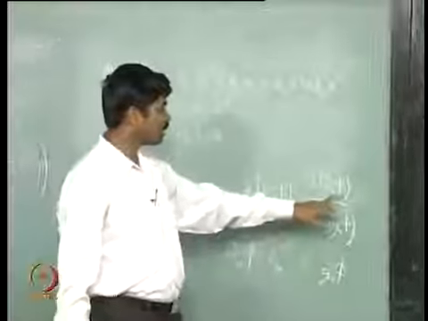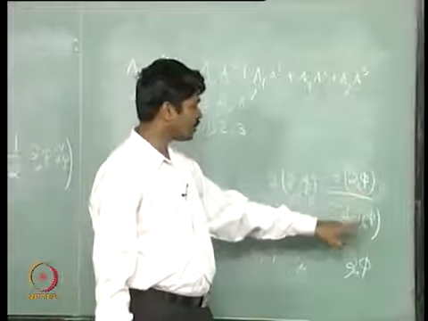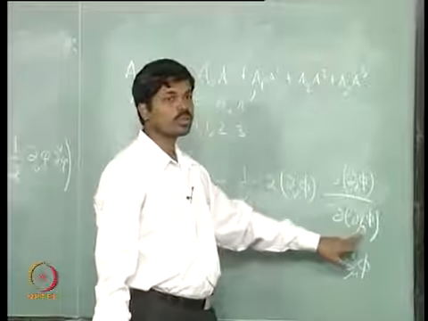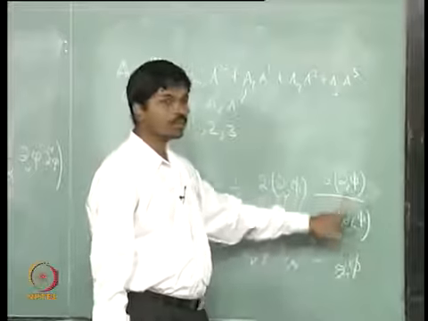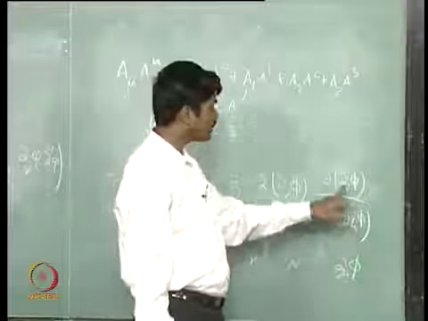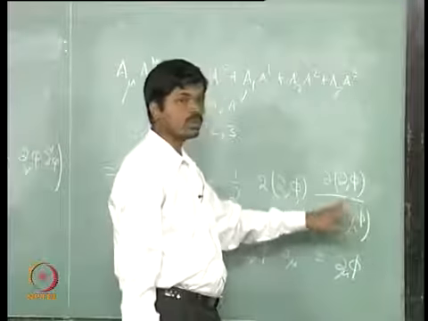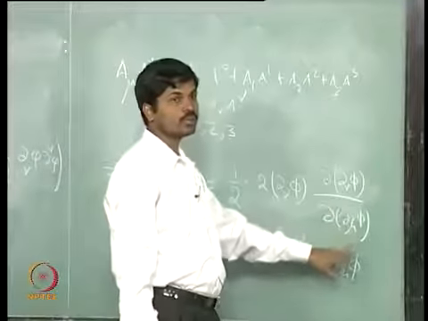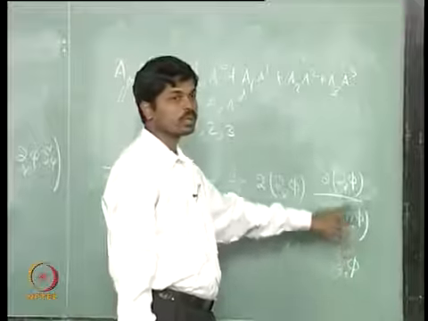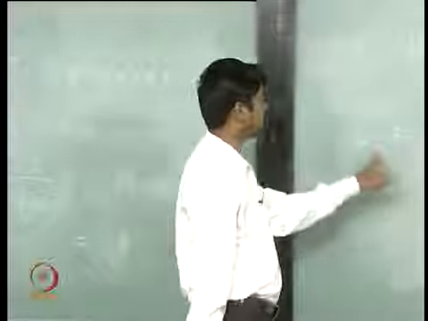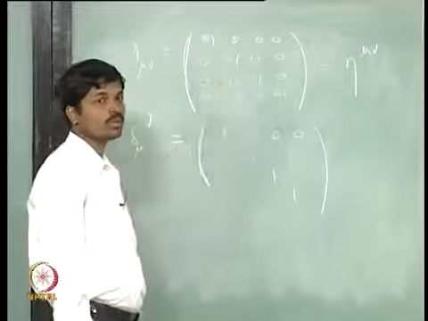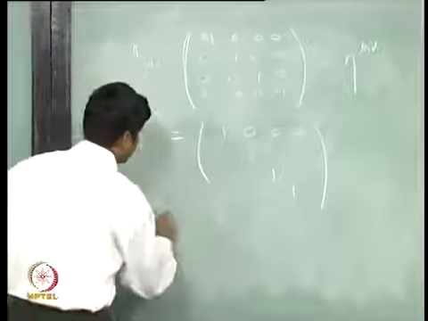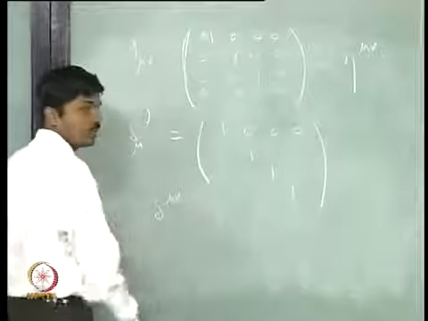Here, no matter whether mu is 0 or 1 or 2 or 3, it always gives you 1 if nu is equal to mu, otherwise it gives you 0. Therefore, this quantity has to be equal to delta mu nu, not eta mu nu. We are not using something like this.